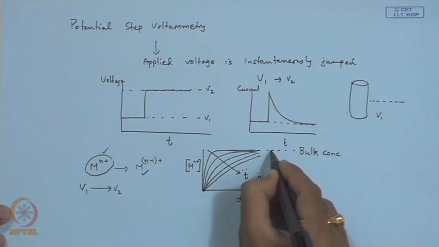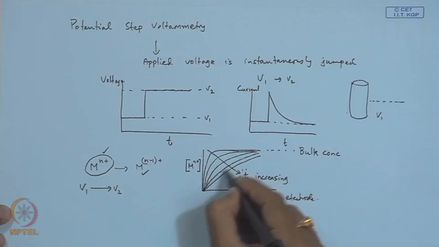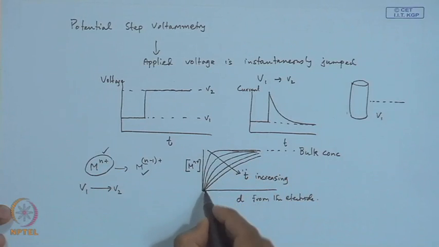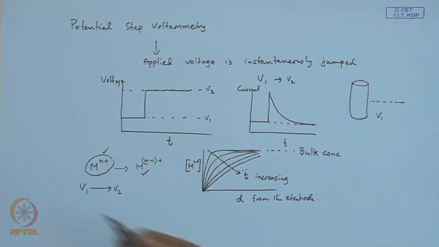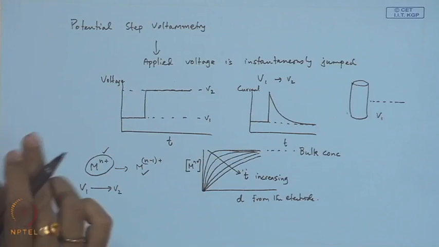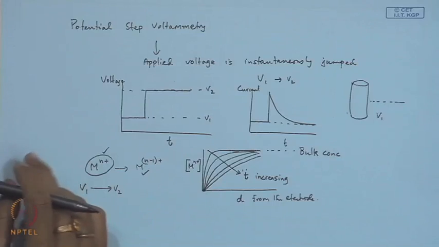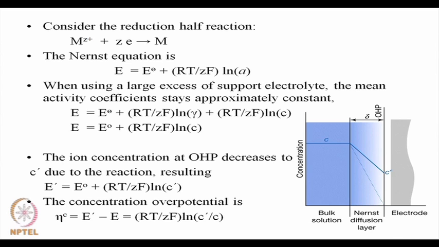So, this is your bulk concentration, and this is maybe the concentration at the electrode, because concentration at the electrode is always 0, since electrolysis is occurring, reaction is taking place at the electrode. Therefore, E is now converted to E prime because of the change in concentration.